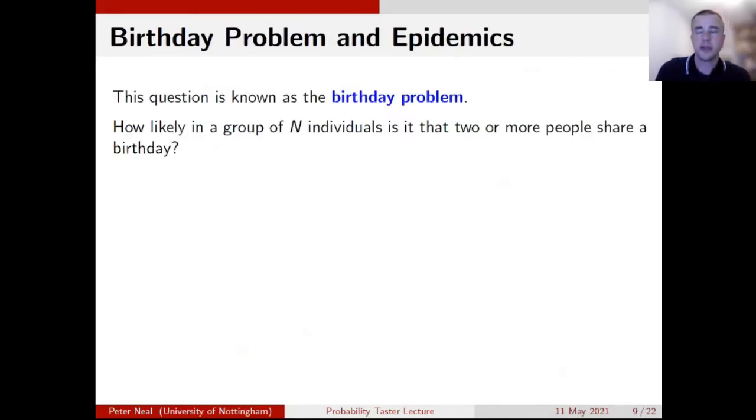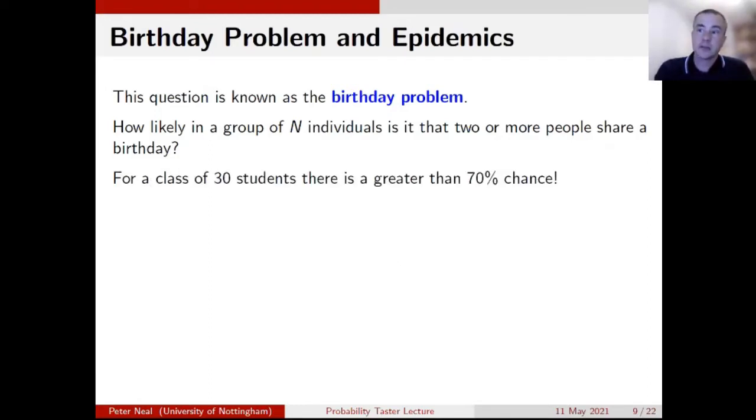So as already mentioned, this is known as the birthday problem. Often it's phrased in terms of how likely it is, in a group of a certain size, that 2 or more people share a birthday. One example I like to make, sticking with the number 30, which I've chosen for the stickers, is that a lot of school classes consist of about 30 students.